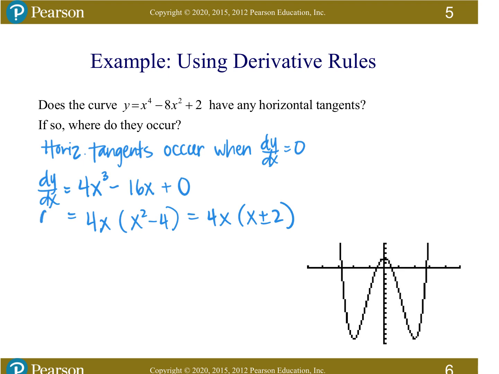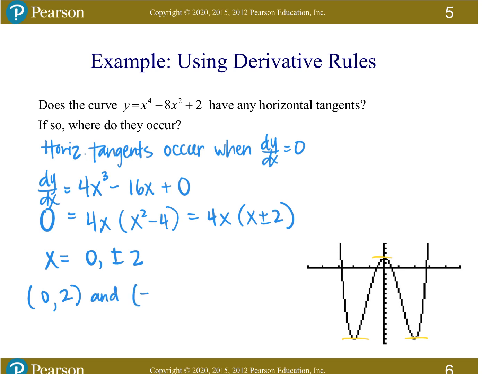So when we set this equal to 0, then we get 3 values for x. We get 0 and we get plus or minus 2. So this curve will have 3 different horizontal tangents. These horizontal tangents are occurring at these 3 positions on the graph. And so it'll be occurring at (0, 2), which is the y-intercept.